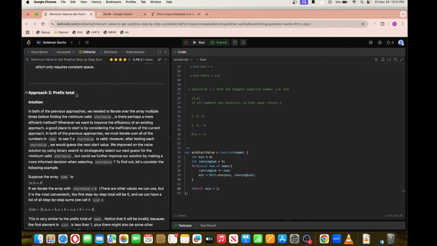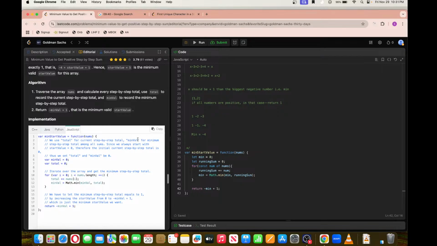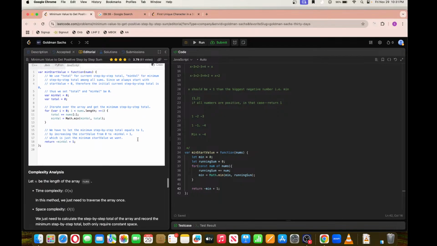This is approach 3, prefix total. Oh, I did approach 3 then. Yeah, this is exactly what I did here.